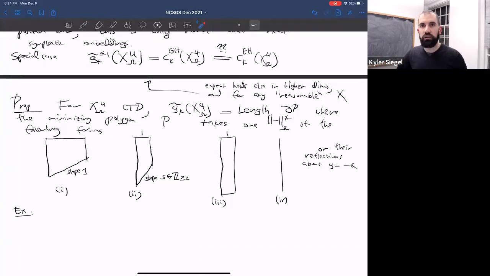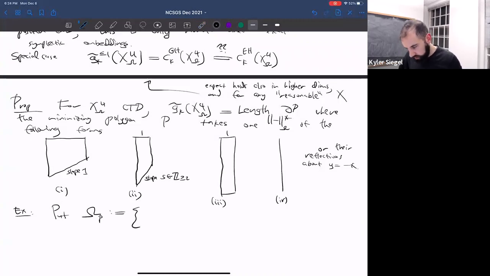So let me give a simple example, to show how you would extract an explicit formula. This is just a cute example.